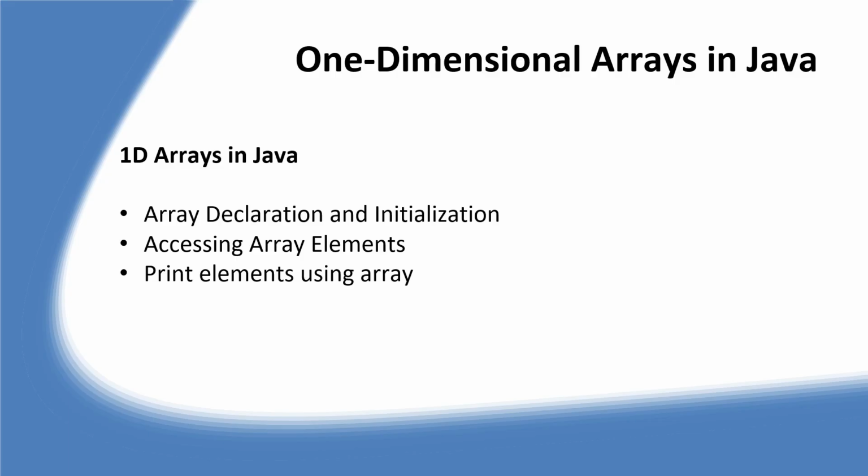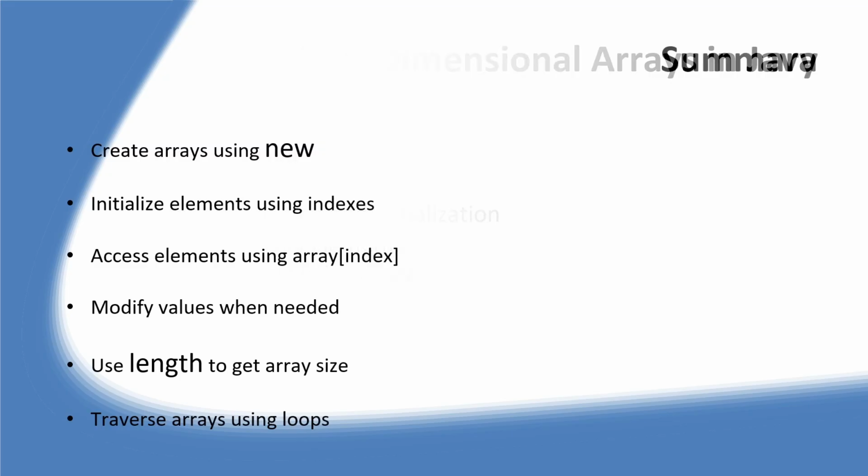So let's summarize what we have learned so far. So we have seen how to create arrays using new keyword. So whenever we write new, an object gets created in the heap memory, and initialize elements using indexes.